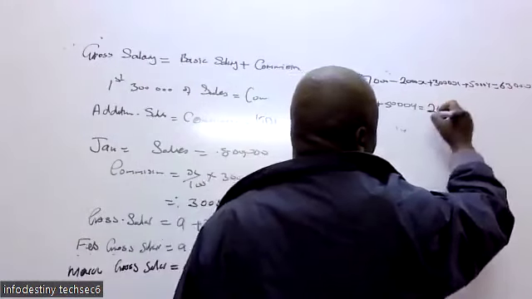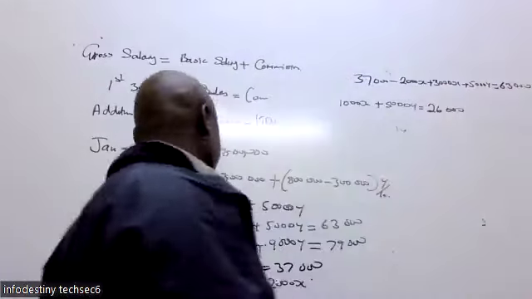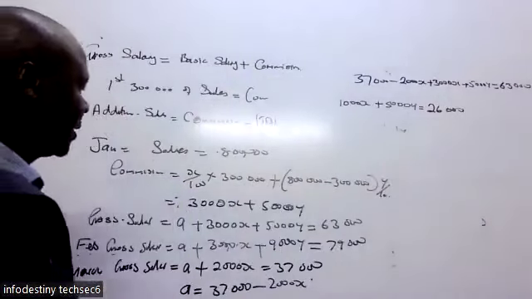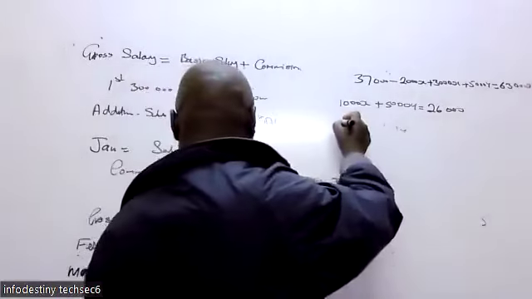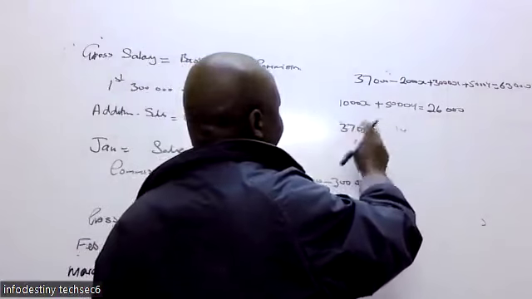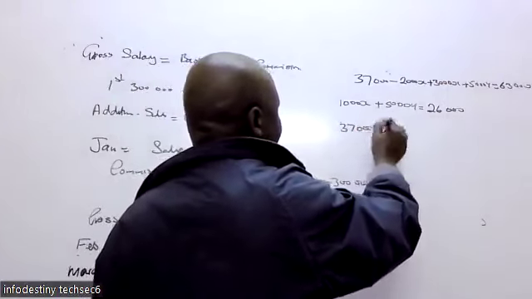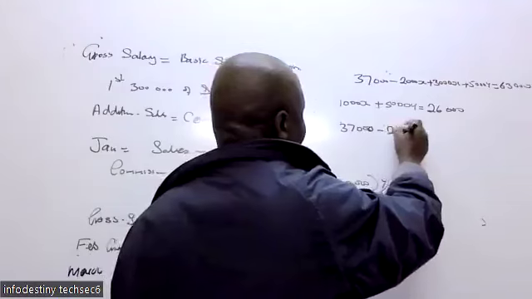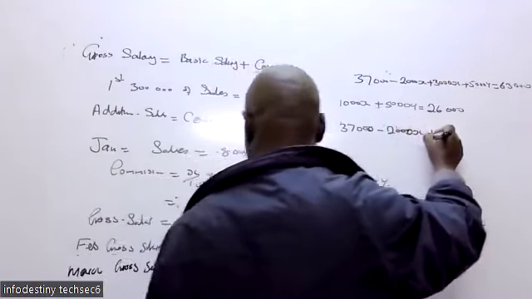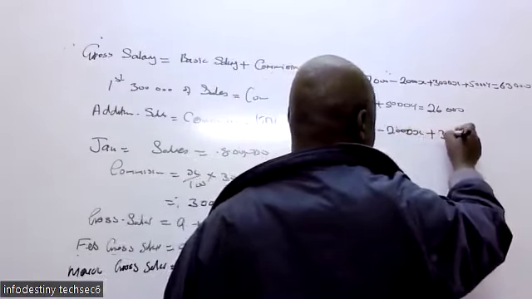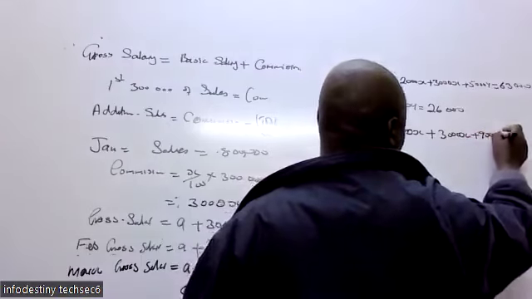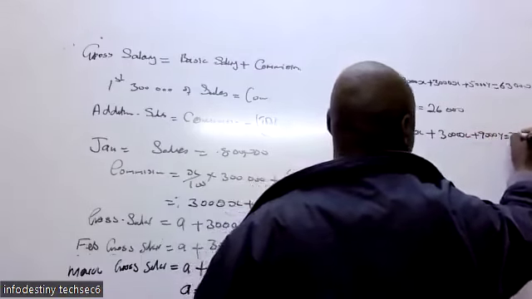26. Like that. Now we go to the second one, that's the first equation. We go to the second one, we replace this by saying it's going to be 37 minus 2000 x plus 3000 x plus 9000 y equals 79.